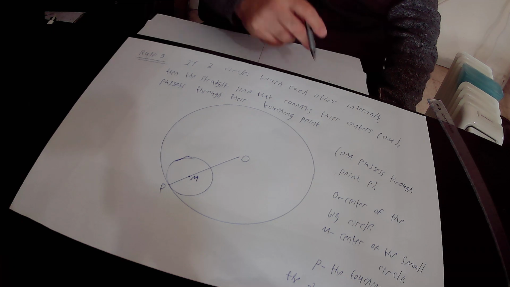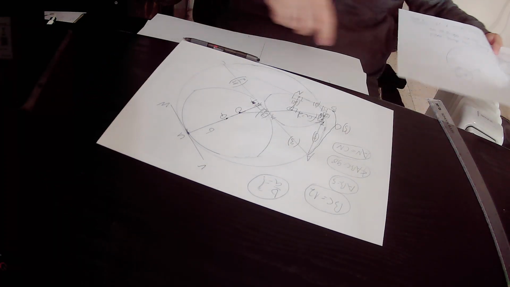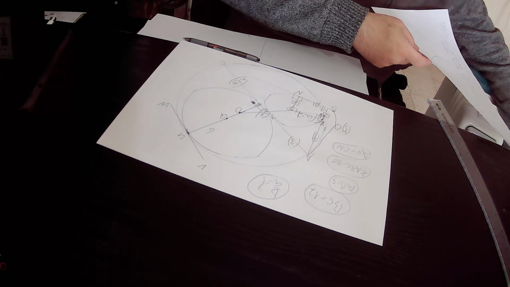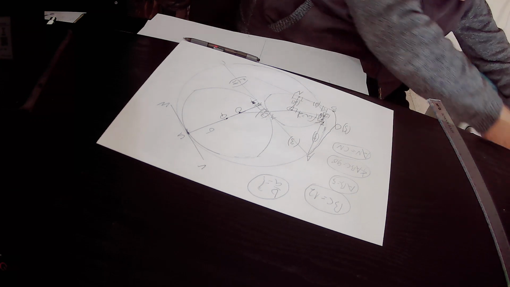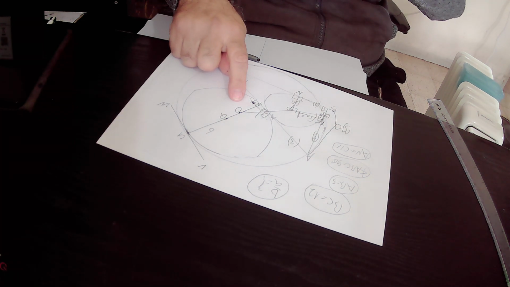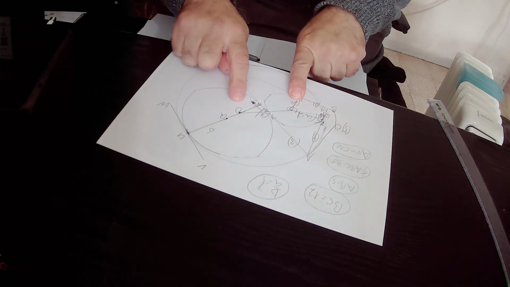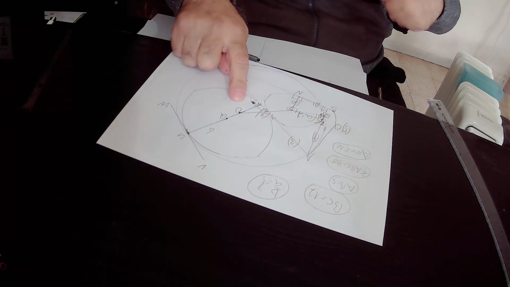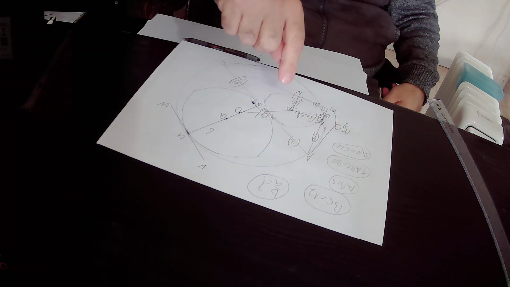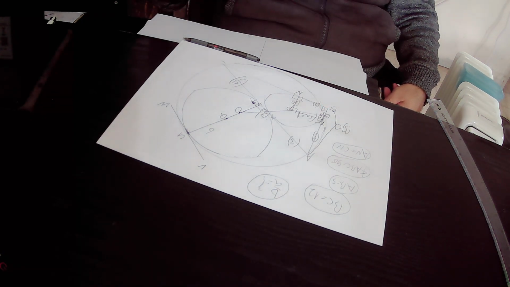Again, the straight line that connects the center of the big circle with the center of the small circle is the straight line OP. According to rule number 9, because the smallest circle touches the biggest circle at point S, they have an internal touch between them.